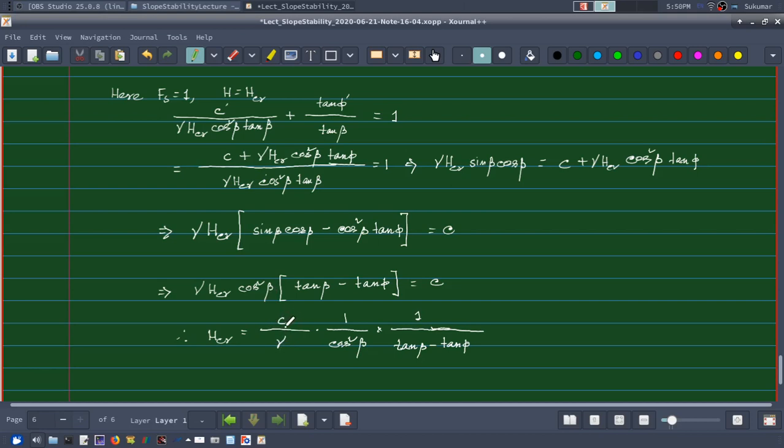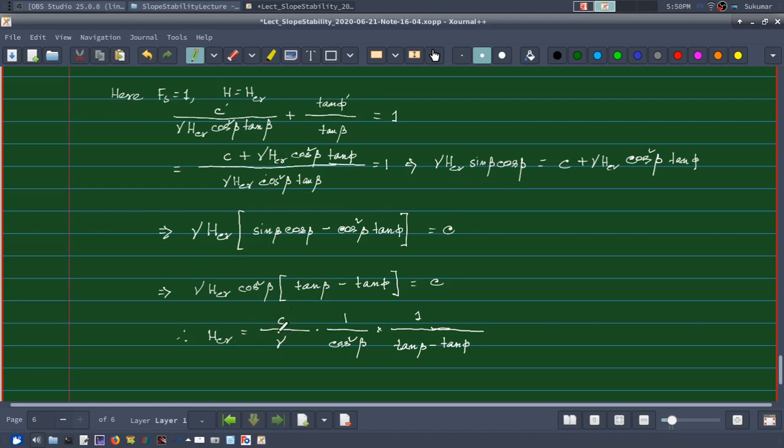And now if I divide C by gamma H critical, it will be cos square beta into tan beta minus tan phi. And you can see that C by gamma H critical is a dimensionless number, because C is in kilopascal, gamma into H will also be in kilopascal.